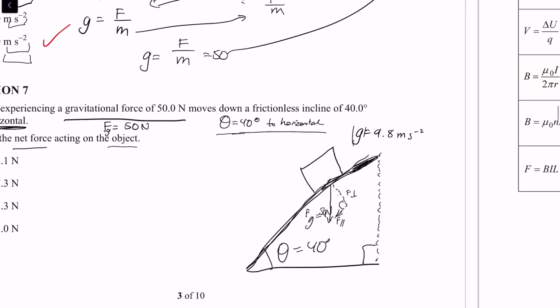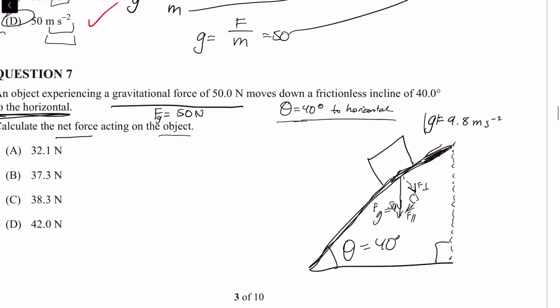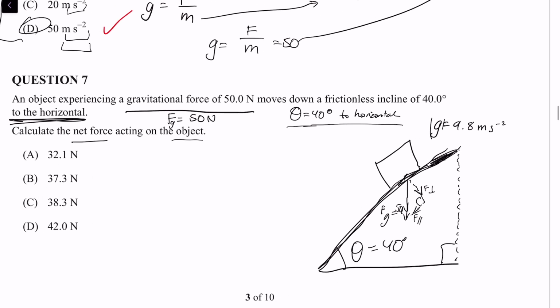So I also like to put arrows on my vectors. Very important, because vectors have both direction and magnitude. And I want to find the net force acting on the object. Okay, cool.